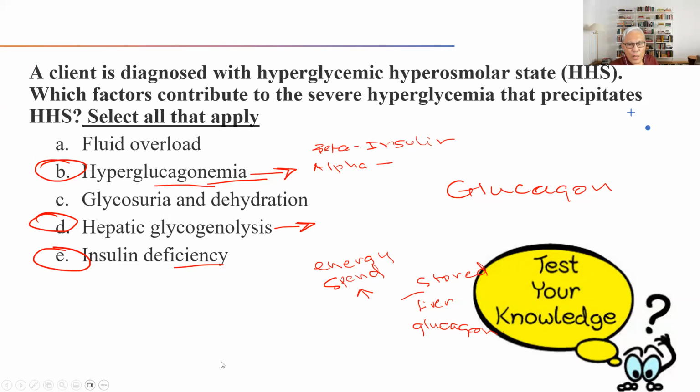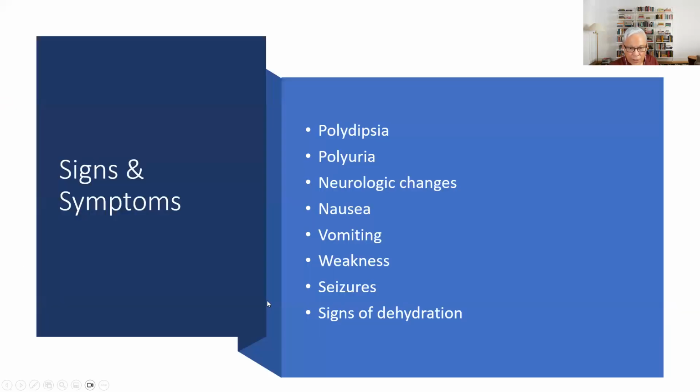Okay, so let's finish with the signs and symptoms associated with HHS. Yes, you have polydipsia. Yes, you have polyuria. But one thing that is unique is the neurological changes.